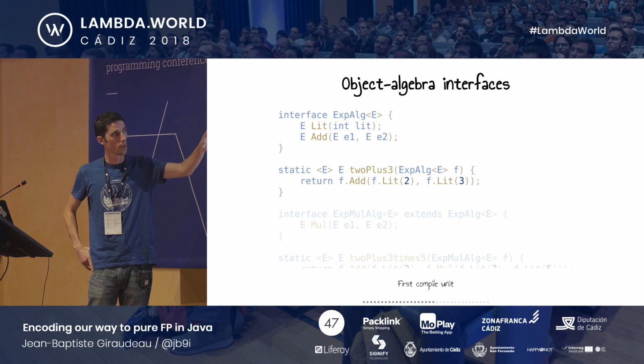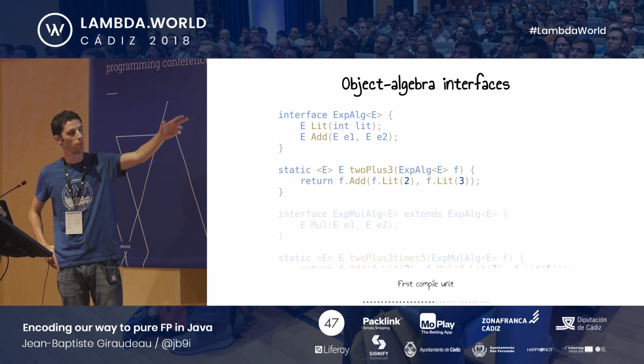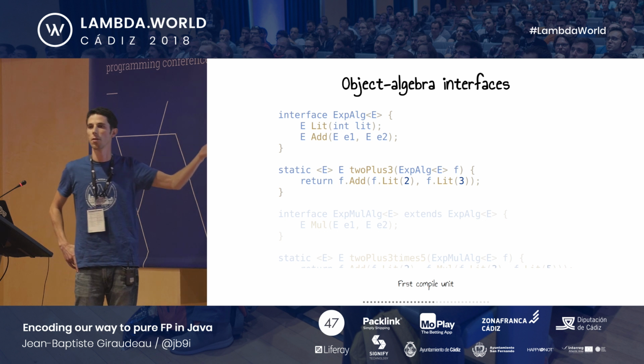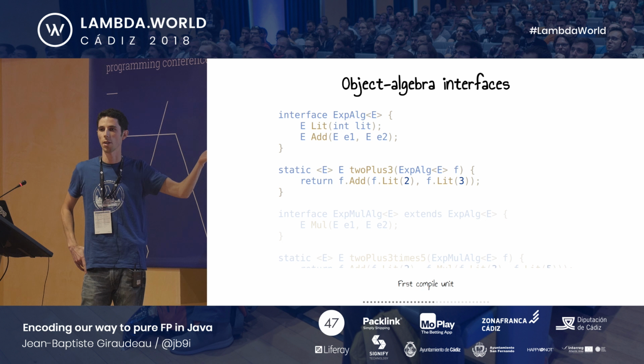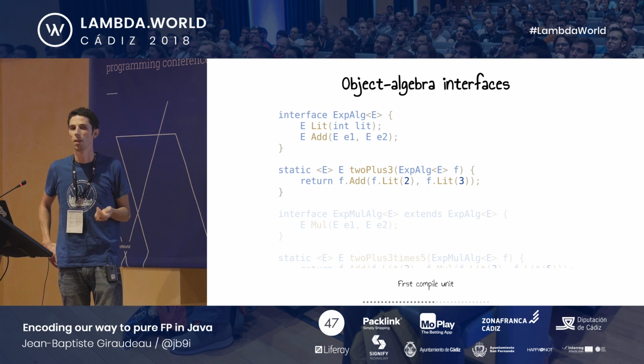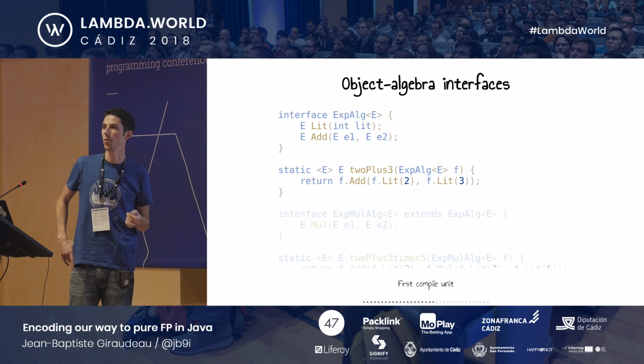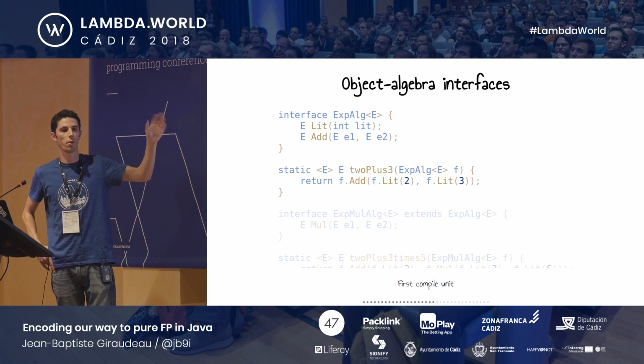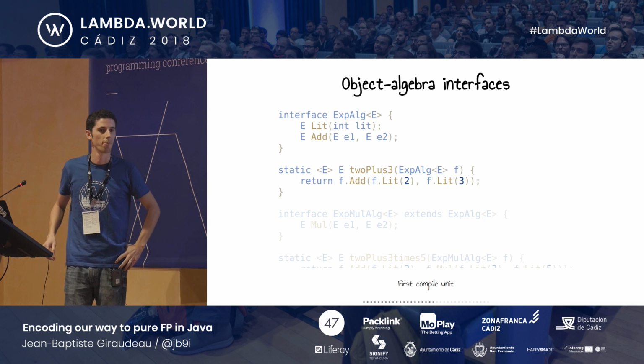So now, imagine that instead of an explicit algebra parameter, you have a type class constraint. What do you get in Haskell or Scala? Any idea? It's a final tagless style encoding. So object algebras are just a final tagless style for Java.